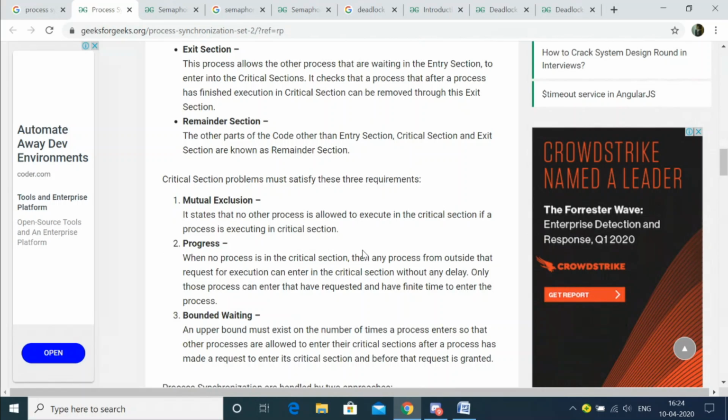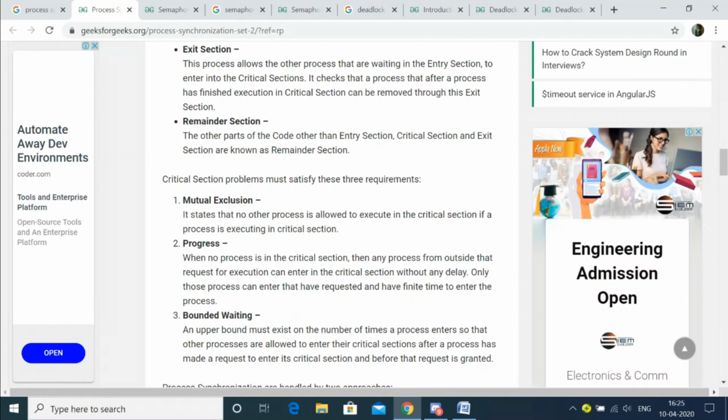That means if one process is already in the critical section, then other processes have to wait until that process is done and has come out from the critical section. That condition is what is called mutual exclusion.